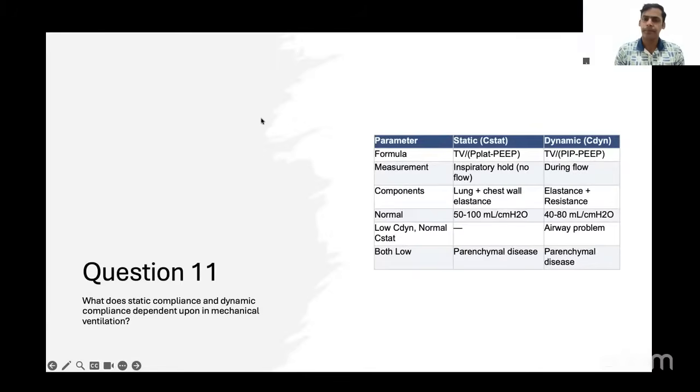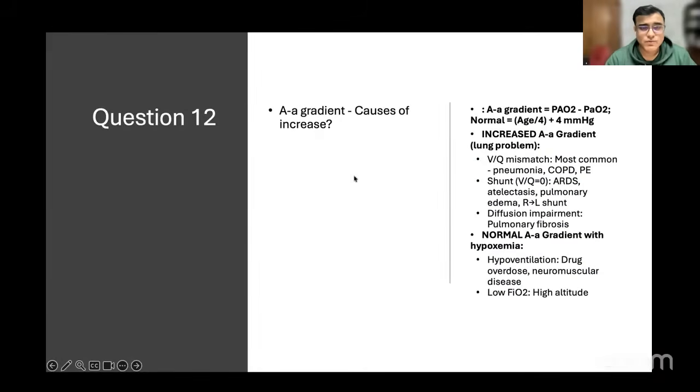Okay, so question 12. What causes an increase in the A-a gradient? The A-a gradient is basically the alveolar-arterial oxygen gradient, and the normal formula is age divided by 4 plus 4.